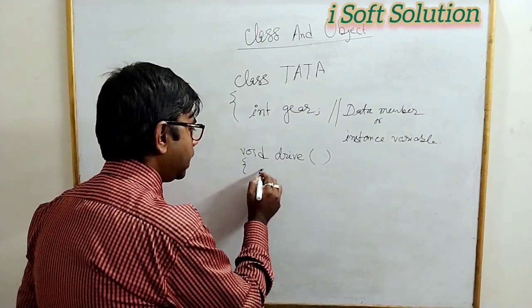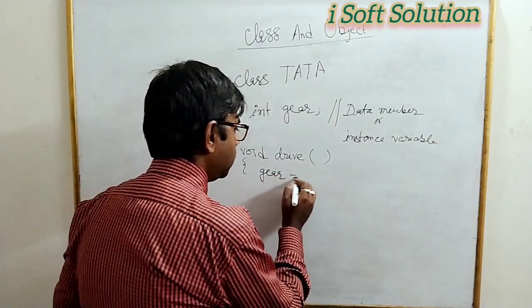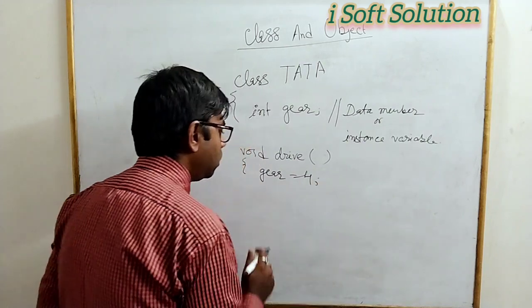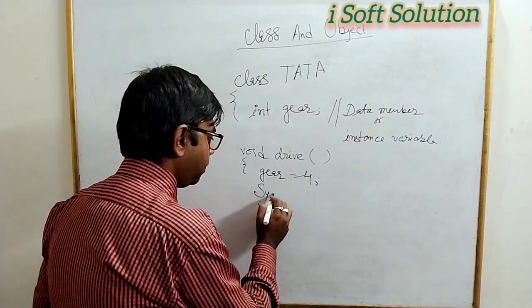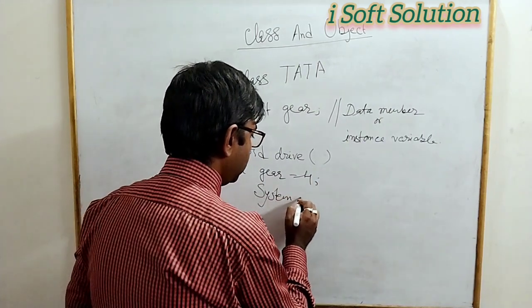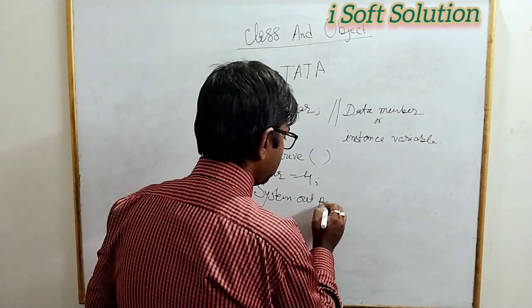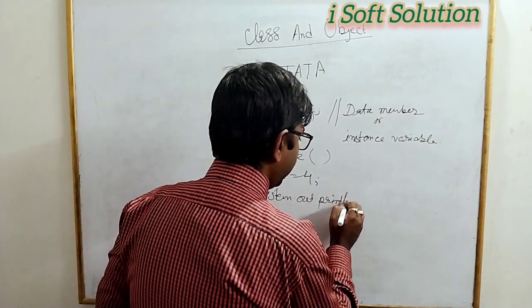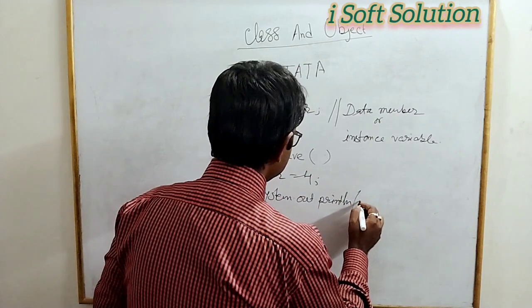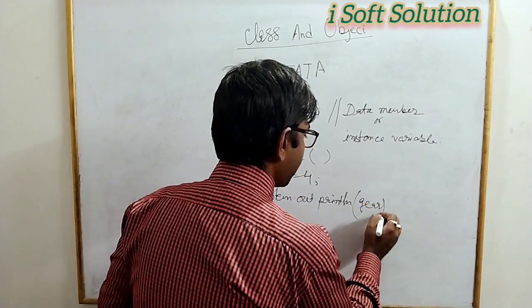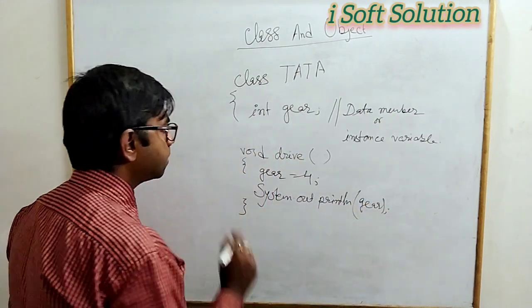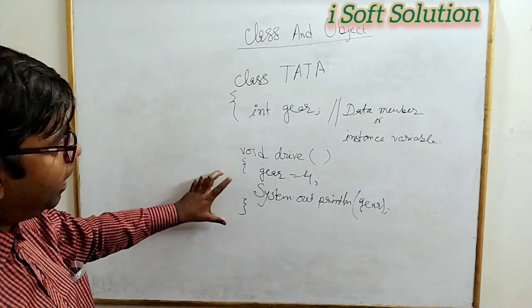So we can write, suppose, gear equals to 4, and now print the value of gear. System.out.println gear. Now this is the basic class.